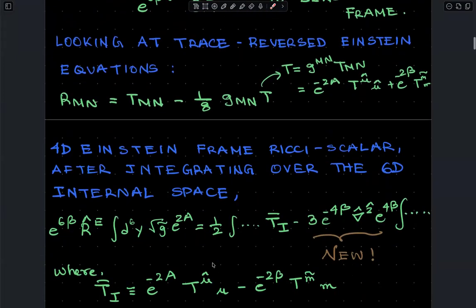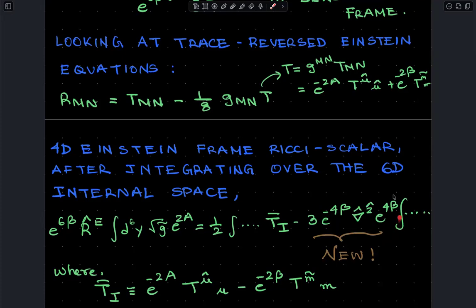Let's start by looking first at the Einstein equation of the external space. We do a contraction with the metric, and by integrating over the 6D internal space, the four-dimensional Einstein-frame Ricci scalar gets a contribution as such.